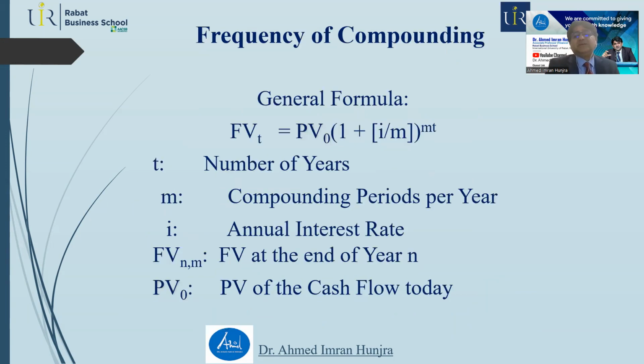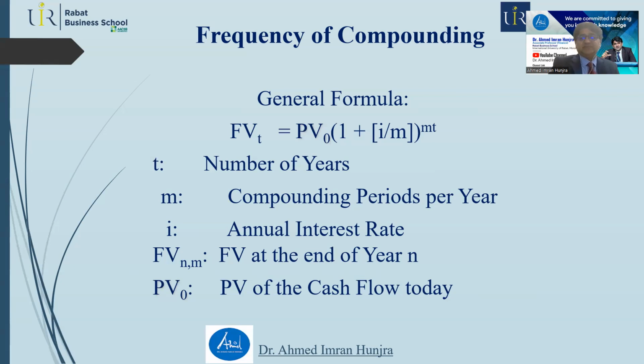Then we have the compounding, the frequency of compounding, and how important it is for the future value. If the compounding is annual, it's okay, we have done the case of annual.